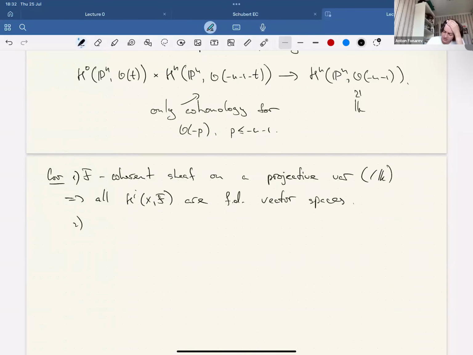And second, if O of 1 is very ample, then Hi on X of F of n vanishes for all i if n is big enough.